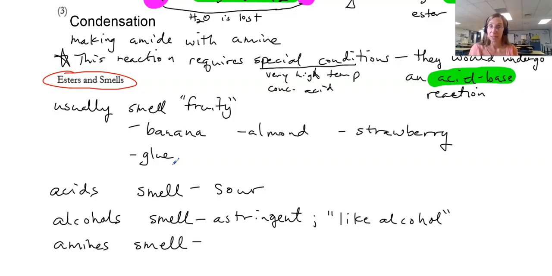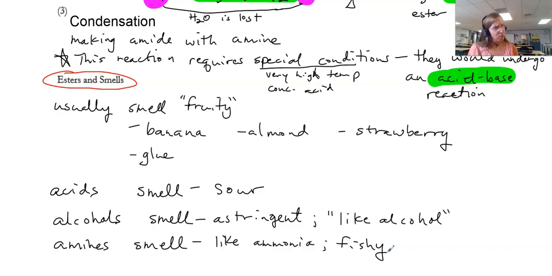But amines, their structure is a bit like ammonia, and their smell is a bit like ammonia. Many of the fish smells, especially strong old fish smell, are caused by amines, because the fish protein gives off amines as it gets older.